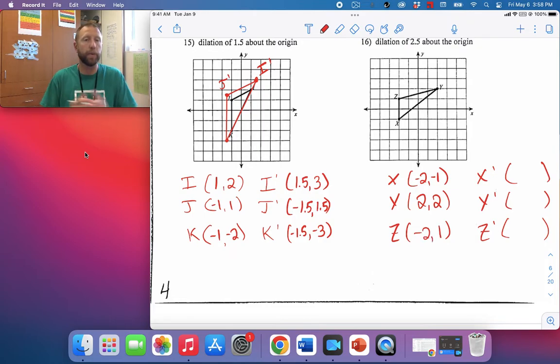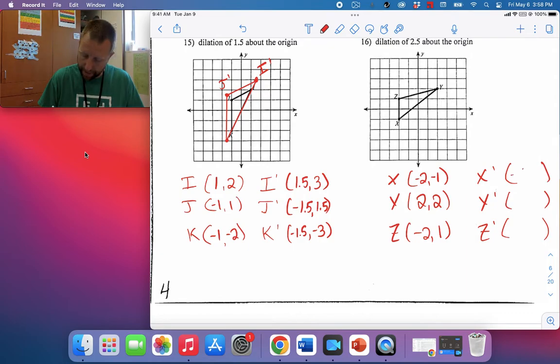I multiply all of those numbers by 2.5. -2 times 2.5 is -5. -1 times 2.5 is -2.5. For Y prime, 2 times 2.5 is 5, so I've got the point 5, 5. And then -2 times 2.5 is -5, and 1 times 2.5 is 2.5.